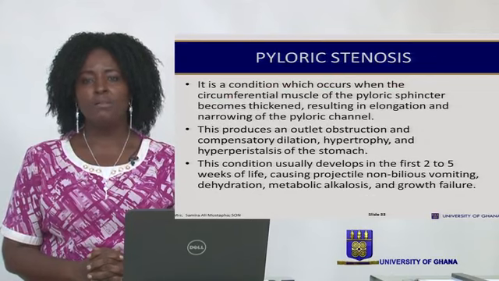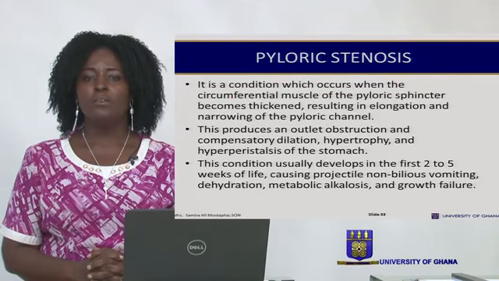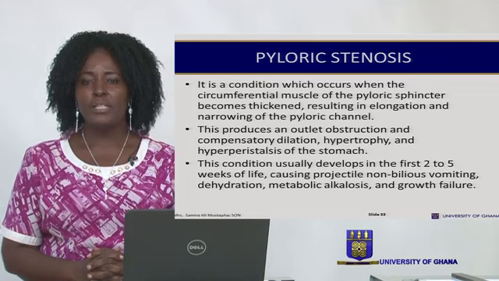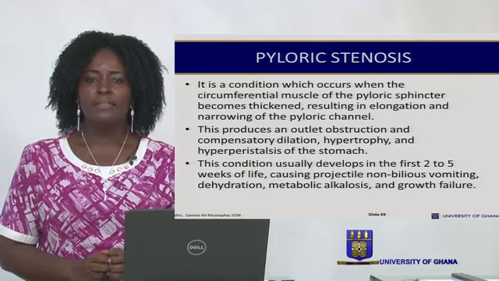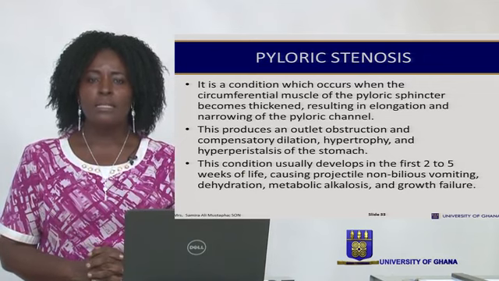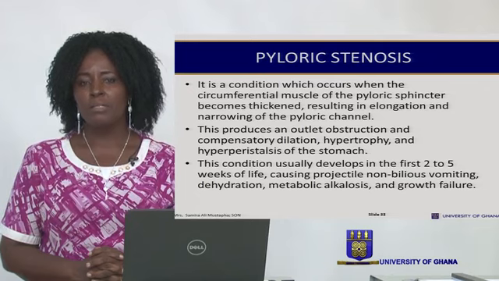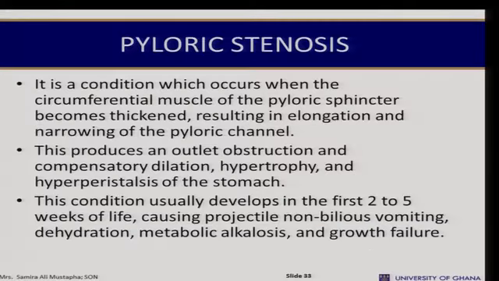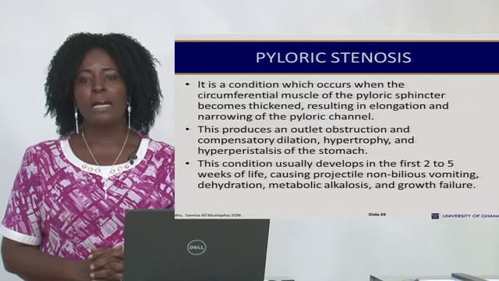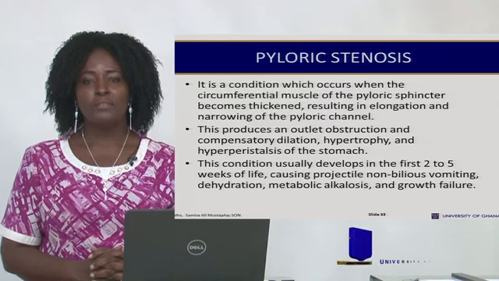This produces an outlet obstruction and compensatory dilation and hypertrophy because it's thickened, and also there is some hyperperistalsis of the stomach. This condition usually develops in the first 2 to 5 weeks of life, causing projectile bilious vomiting, dehydration, metabolic alkalosis, and growth failure.